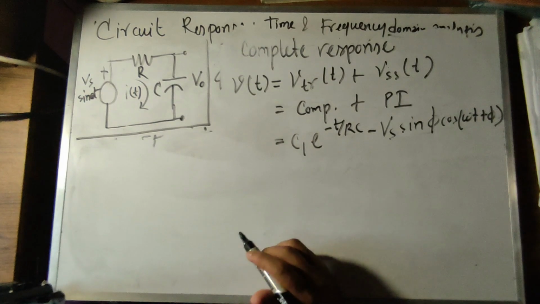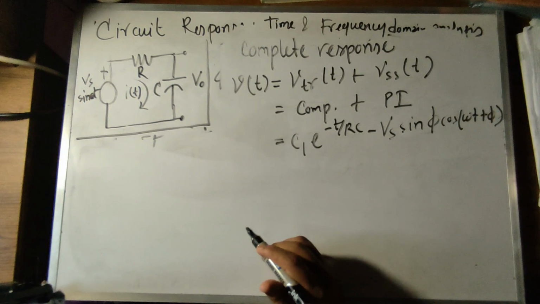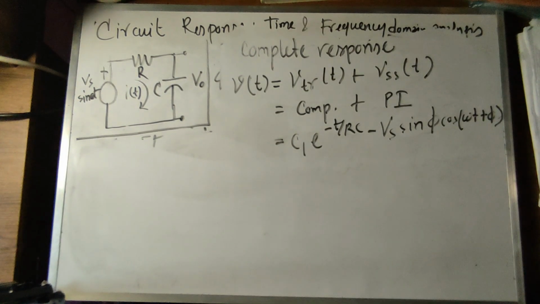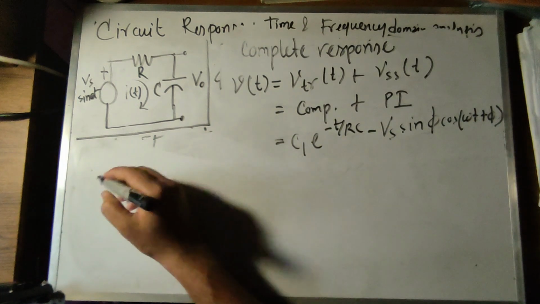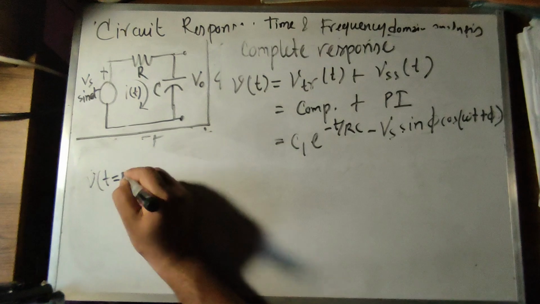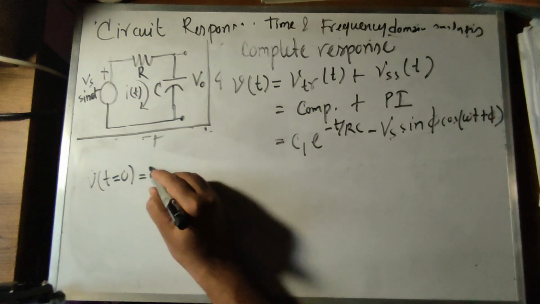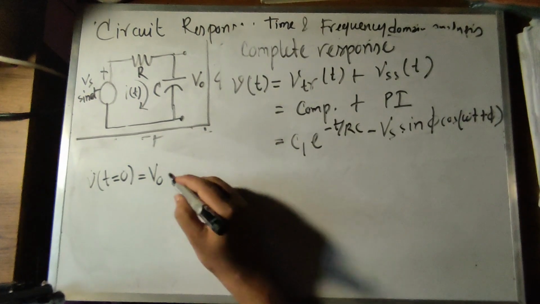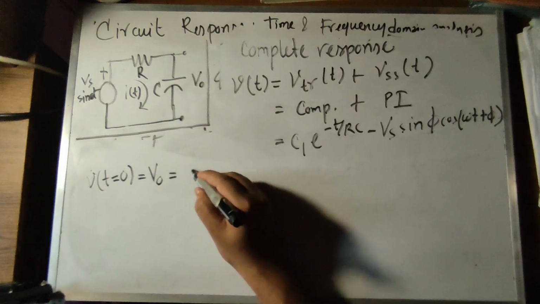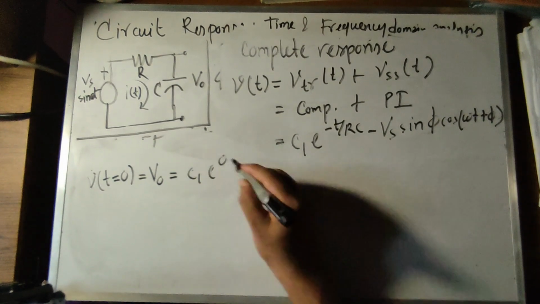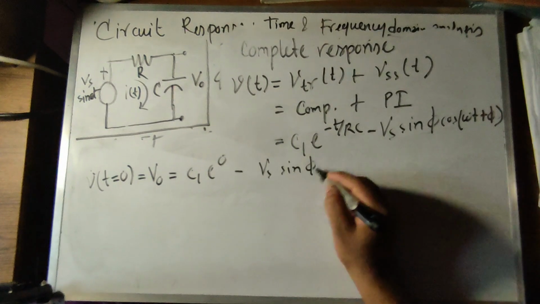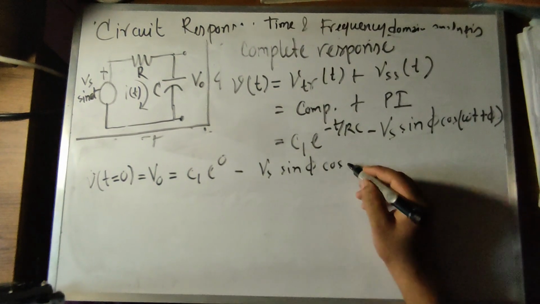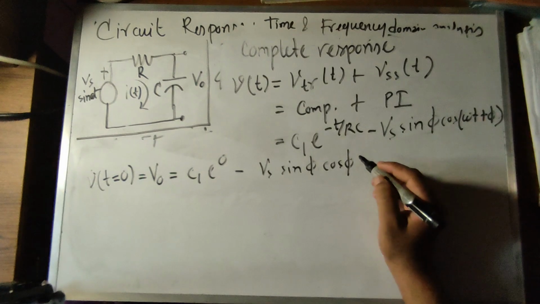So for arbitrary constant, we know that at t equals 0, the initial voltage across the capacitor is Vo equals C1 e to the power 0 minus Vs sin phi cos phi.